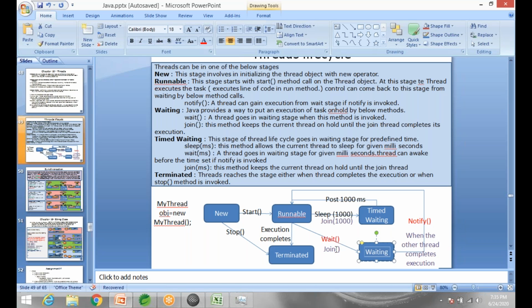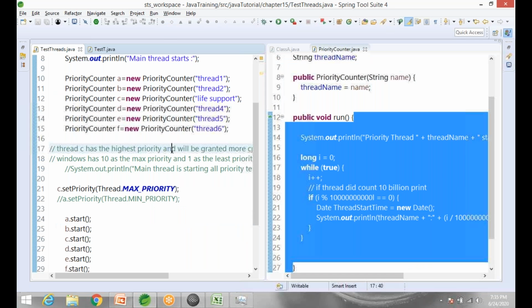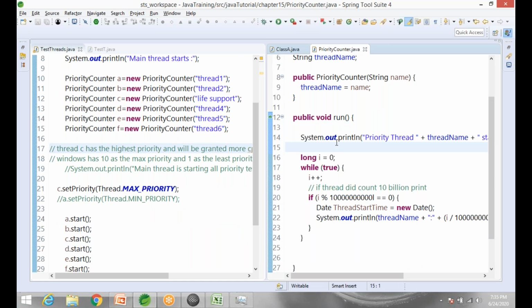Okay, so these two are the different stages as well in the thread program. Let's see how is that. For a timed waiting, there are methods like sleep or join. Okay, let's see how you do that.